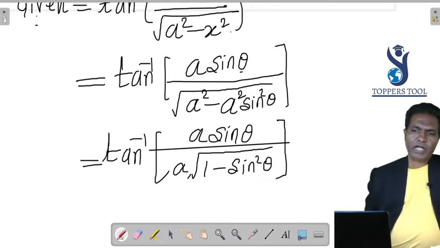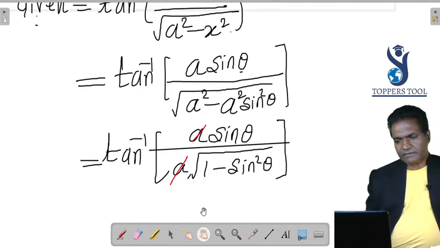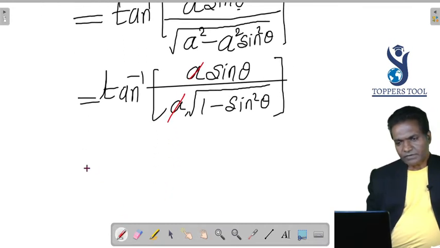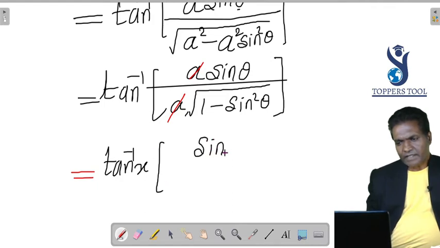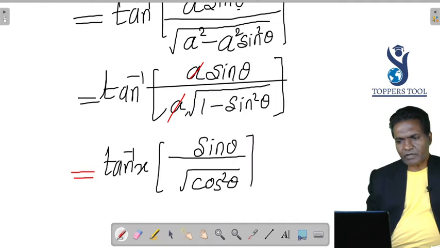Okay, so now a cancels. This is equal to tan inverse of sine theta divided by square root of 1 minus sine square, which is cos square theta. Okay, 1 minus sine square means cos square theta.